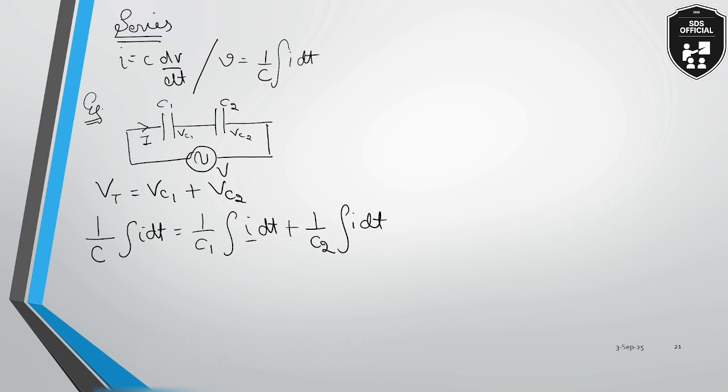Again the current through capacitor C2 is also the same. Now as you can see, the integral of I dt can be taken common and cancelled out from both sides. So 1 by C equivalent for series capacitance will be equal to 1 by C1 plus 1 by C2. Is that clear, beta?